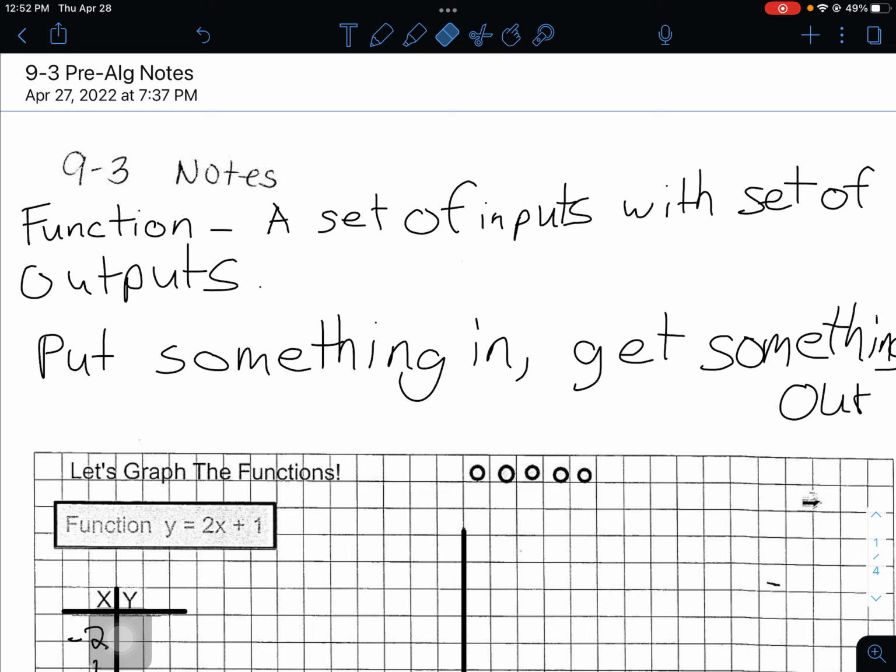I use the phrase over and over: put something in, you get something out. In math, that looks like I put a number in, I get a number out. In the real world, you put dirty clothes in a washing machine, you get clean clothes out of the washing machine. That is a function.